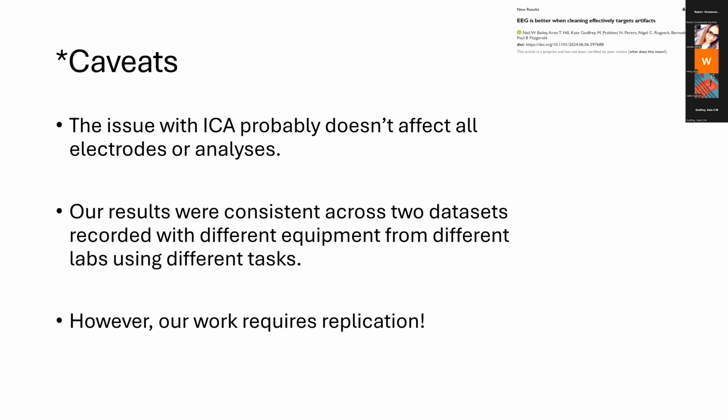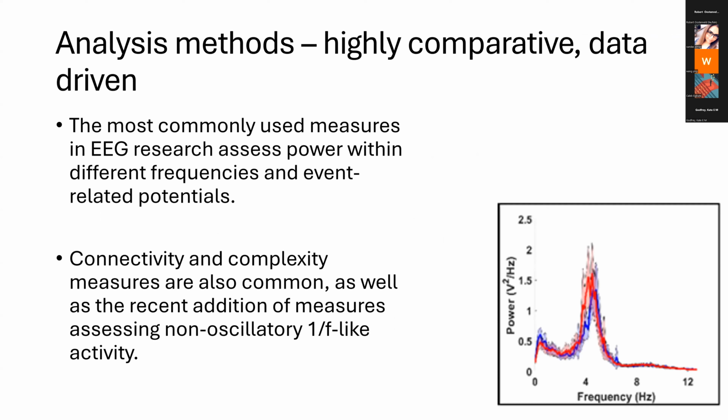But if you're just analyzing an electrode further back, Pz for example, this might not matter. Our results were consistent across two data sets recorded with different equipment from different labs, using different tasks as well. But as I mentioned, this definitely requires replication.